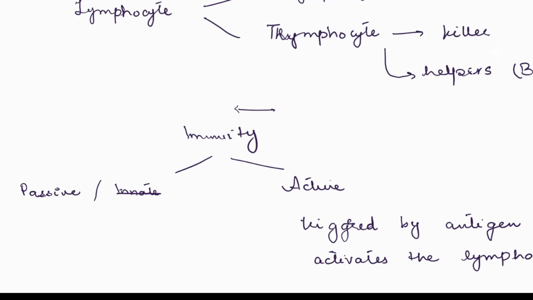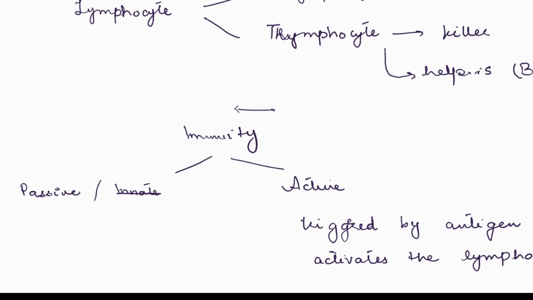It takes some days. So their system was quite active. It took some time to recognize the antigen and produce a perfect antibody for that. Now, the body is doing some work. The body is producing its own antibodies. This one is known as active immunity, when your body is doing the work.